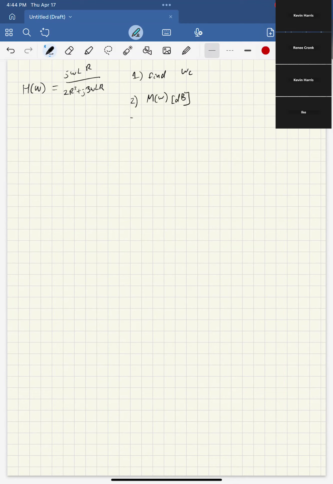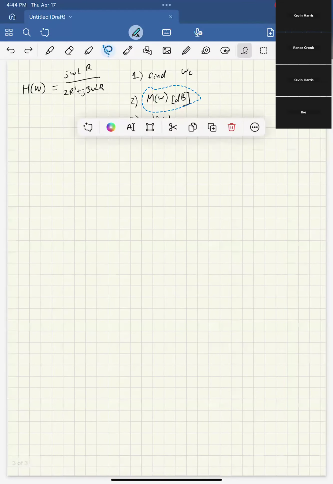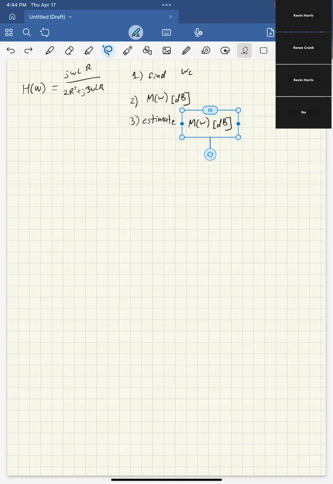And three, estimate the magnitude. I could have just written it faster than copying and pasting it. But estimate this as omega goes to infinity.